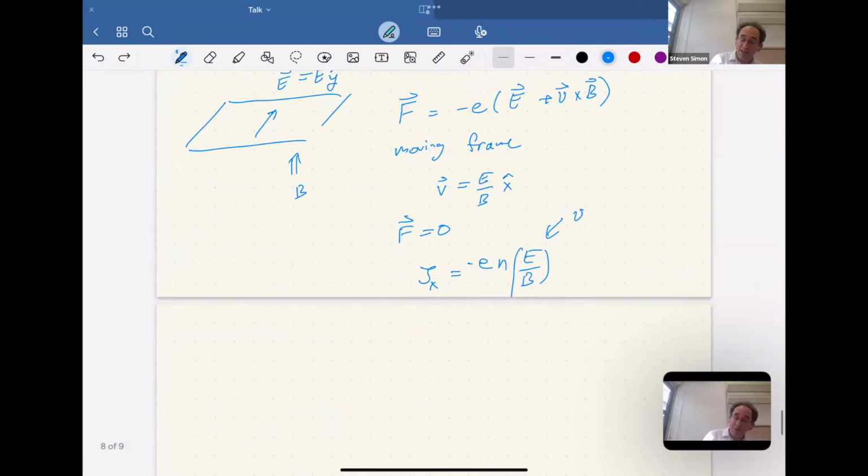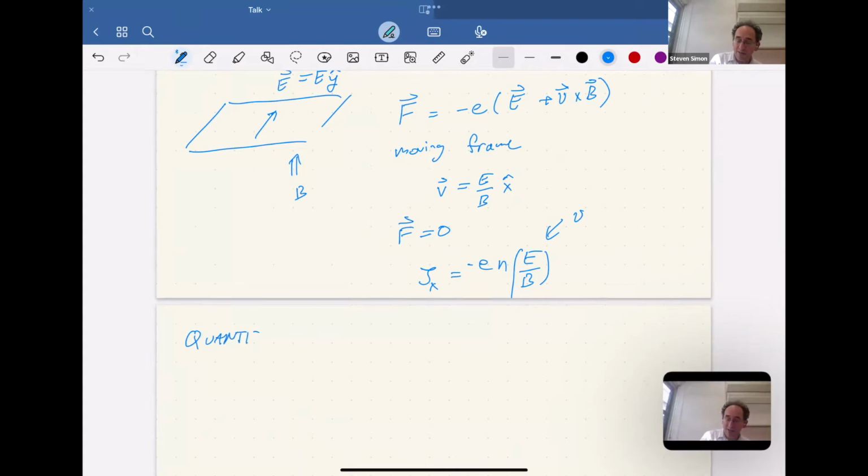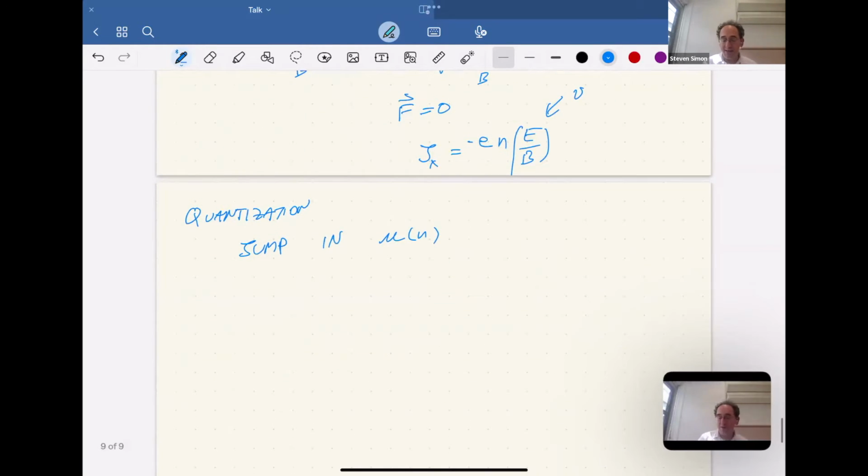The way I'm going to get nice quantization of the Hall conductance comes from the jump in the chemical potential as a function of density, which we have for integer quantum Hall effect and we have for fractional quantum Hall effect. And then you have to ask, well, in the experiment, do you control the chemical potential or do you control the density? Let's take the simpler case where you control the chemical potential.